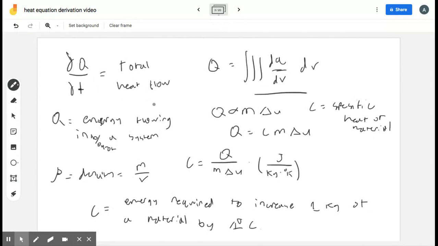But remember, the total heat flow is the rate of change of energy through this object.